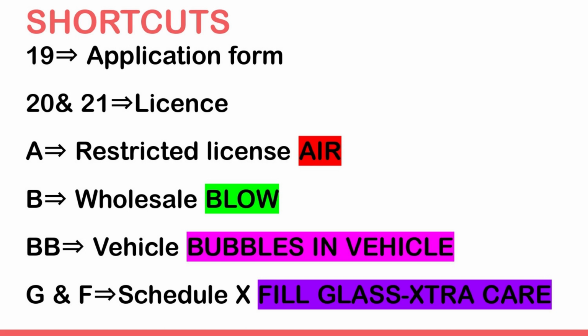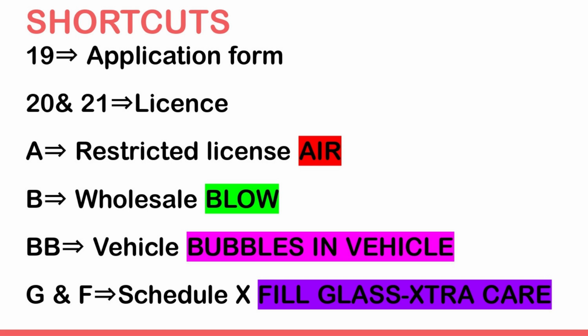First word is air. Air contains A and R, from which you remember A for restricted license. Second word is blow. Blow contains B and W, from which you remember B for wholesale. Third word is bubbles in the vehicle.